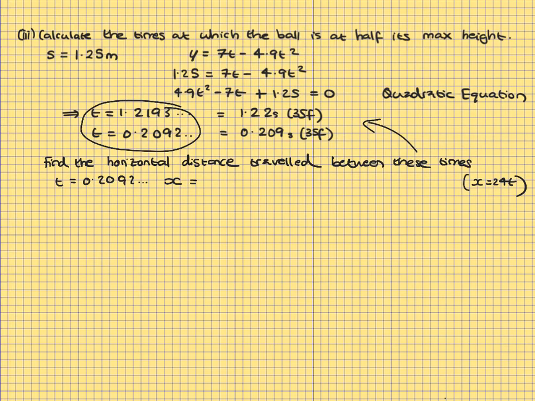So x then equals 5.021... If t equals 1.219 seconds, etc., x then equals 29.264, etc. So the difference between these is equal to 24.243... or 24.2 metres to 3 significant figures.